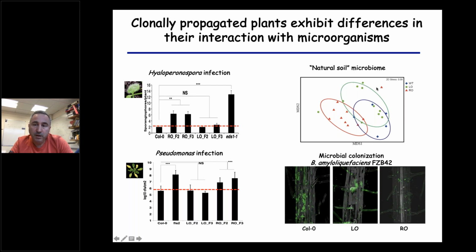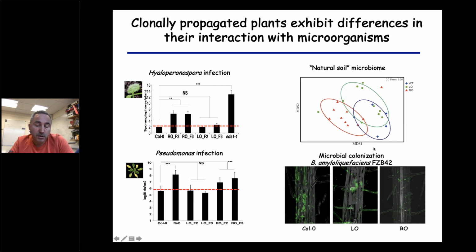The ones that come from leaf are relatively similar to the non-clonal plants, the controls. But the plants that came from roots were significantly different in terms of their communities, suggesting that the epigenetic changes that are inherited in these clonal plants are able to significantly influence the response of the microbiome in these plants.